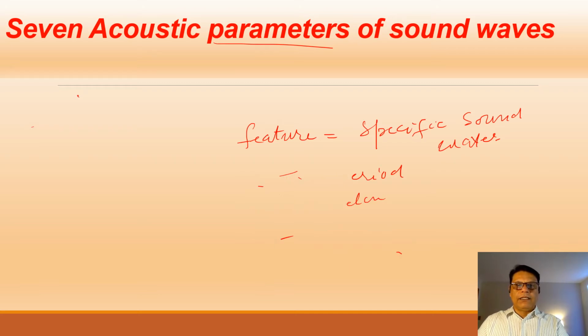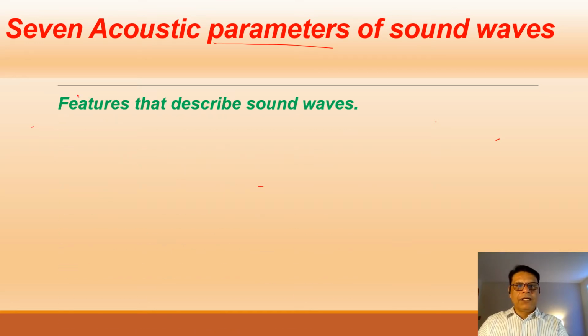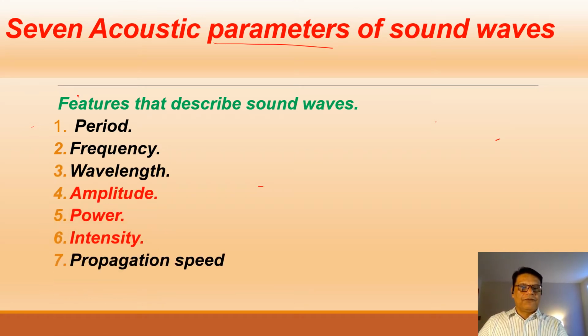Amplitude, power, and intensity are also called the bigness of the ultrasound wave. Bigness means the magnitude or the strength of the ultrasound waves. These three parameters that I have written in red are interrelated, and they define the bigness.